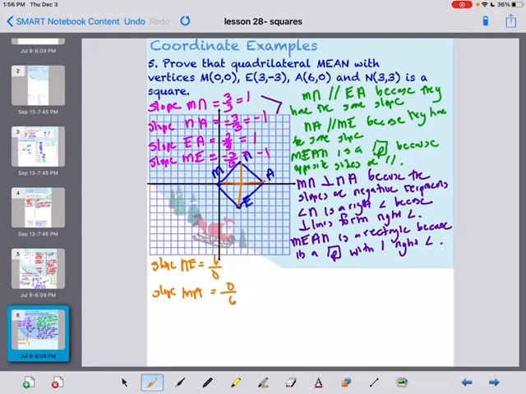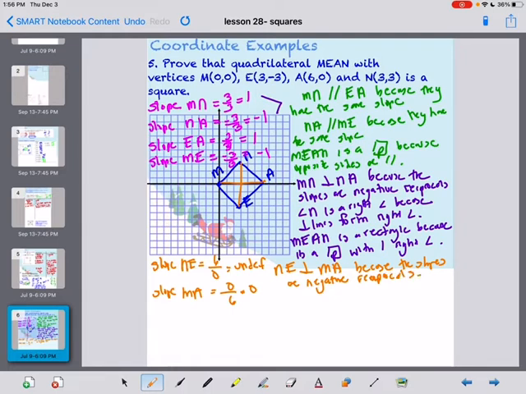Those are special slopes. Like this one is undefined and this is a 0 slope. So those are negative reciprocals, which means they're perpendicular. NE is perpendicular to MA because the slopes are negative reciprocals.